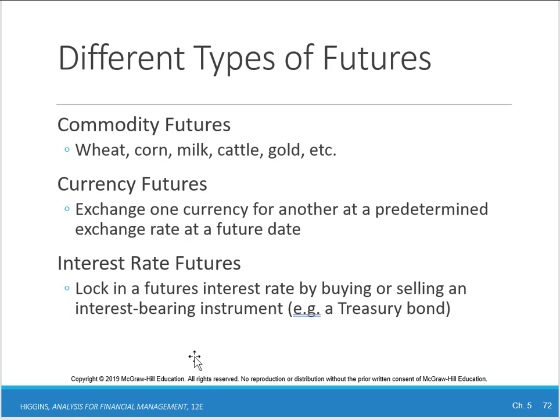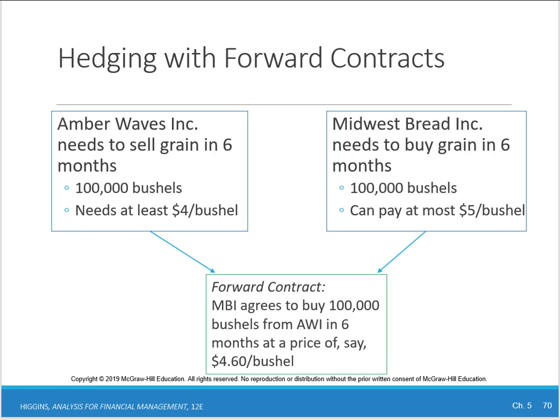Now, there is a whole other part of the futures market that is not in the game of hedging. They are in the game of speculating, right? So in this case, maybe somebody that bought this contract thinks that the price is actually going to go to $5.